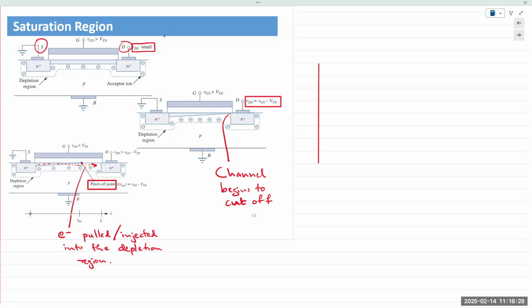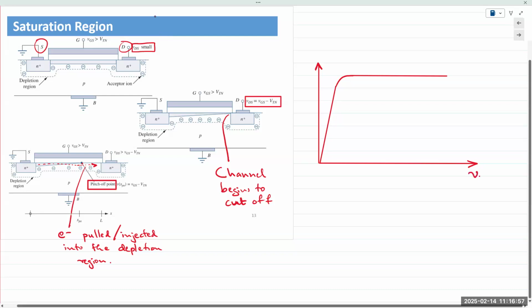And so in the triode region, we saw that it behaves like a voltage controlled resistor, and the current and voltage have a linear relationship. So in the triode region, it's linear. Then as VDS increases, pinch off, it flattens out, and it saturates.